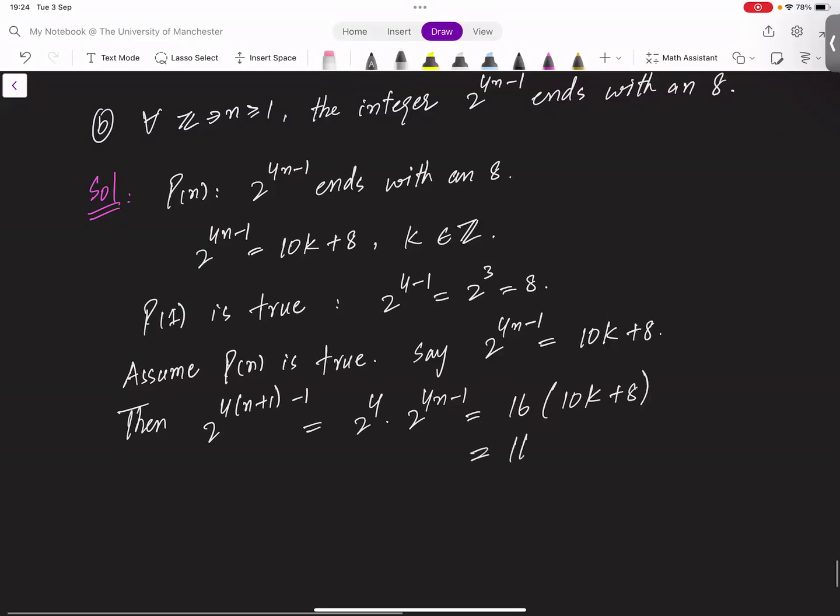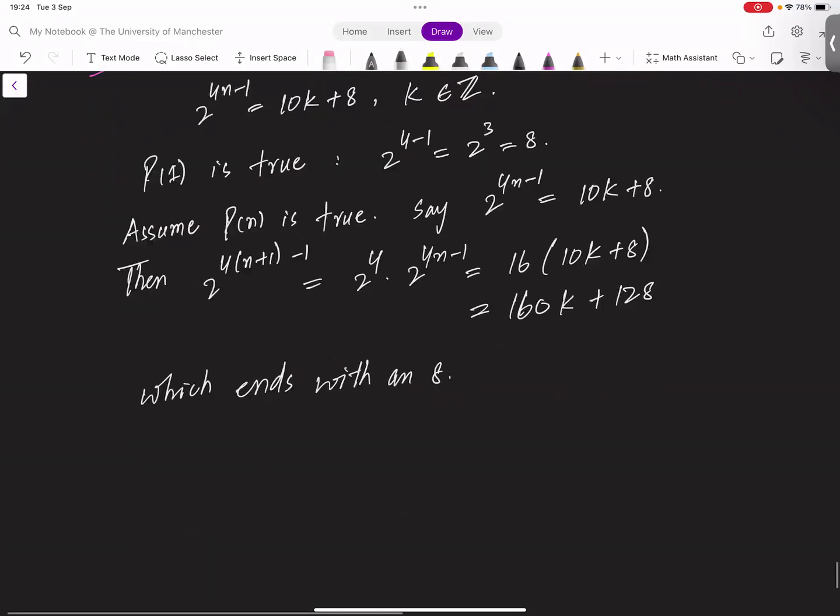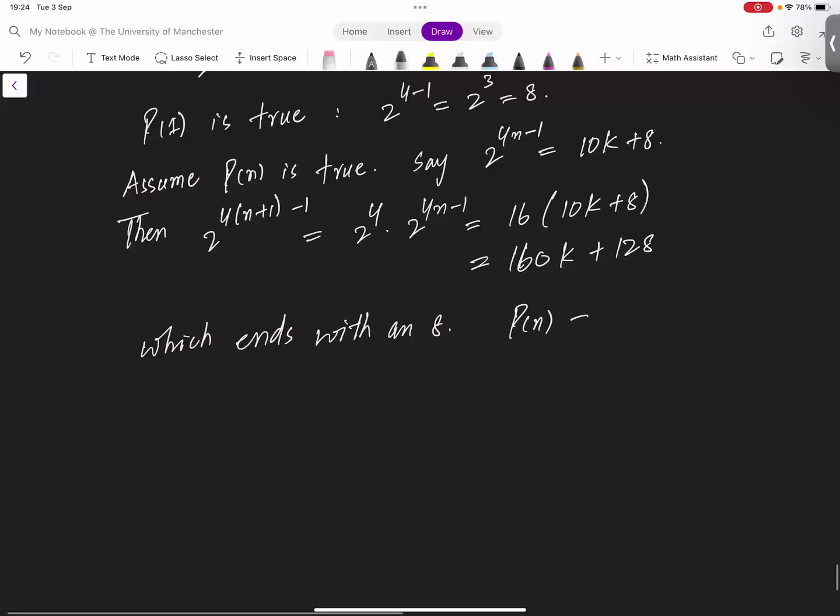And this can be written as 160k plus 128, which ends with an 8. Hence, P of n implies P of n plus 1, and then P of n is true.